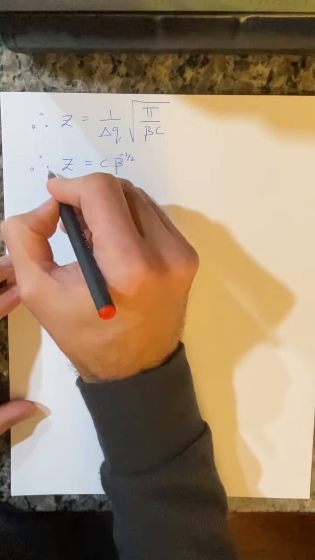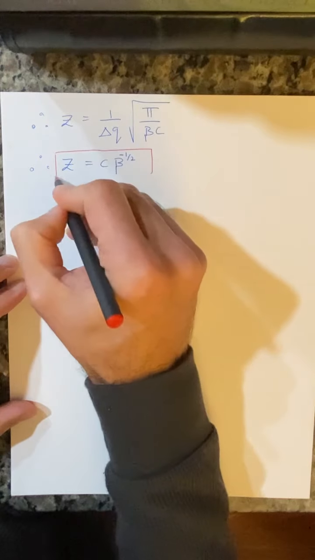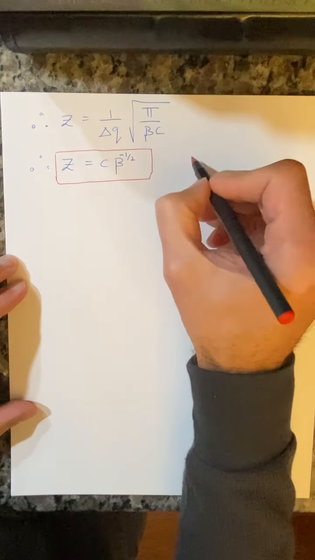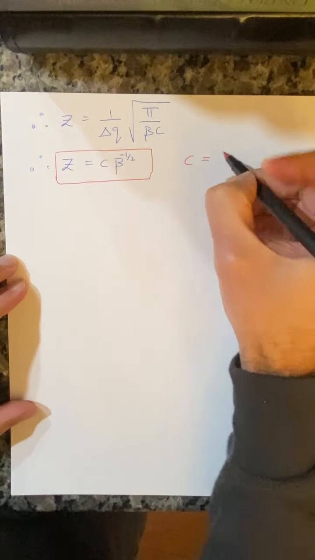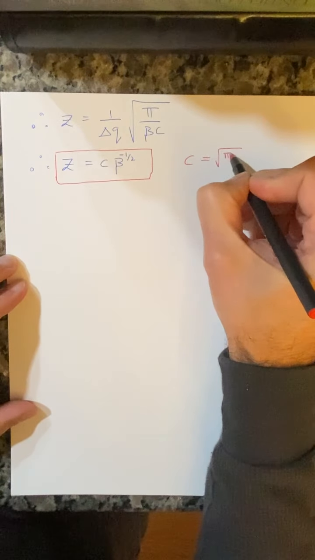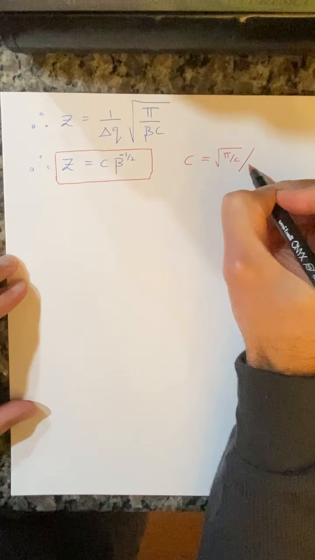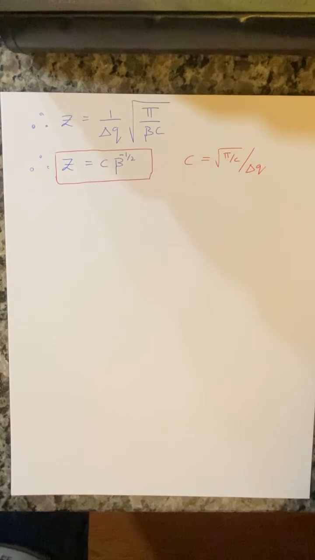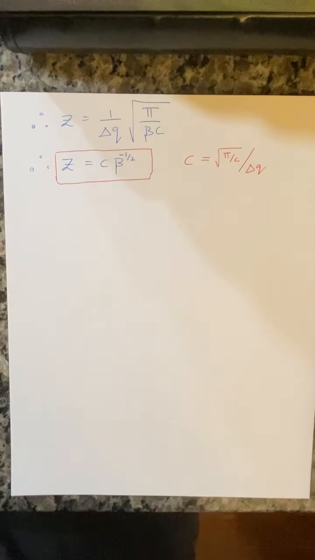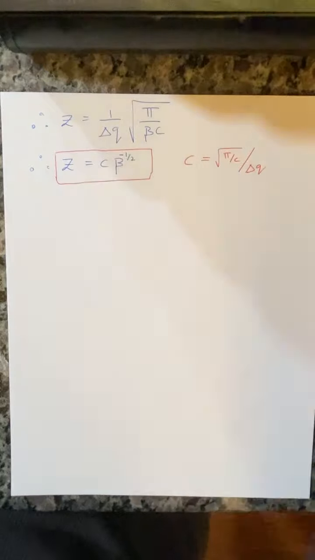I'm going to just block this and say that over here, I have included all of this. Capital C is equal to root pi over C divided by delta Q. It's just an abbreviation so that it makes things easier, because we want to differentiate this Z with respect to beta.